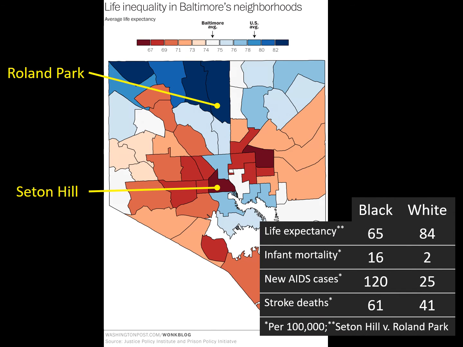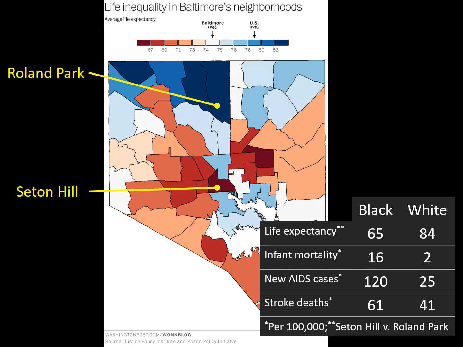So as a result of different living conditions and different opportunities within Baltimore, white residents and black residents face different health challenges, and here are some results. I already explained to you that life expectancy is 20 years different. But infant mortality is also dramatically different.